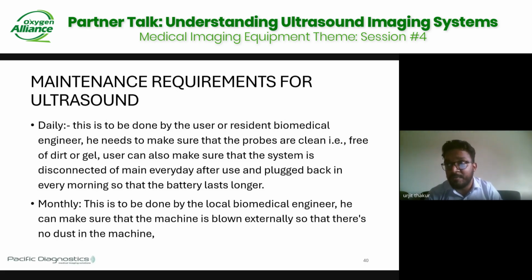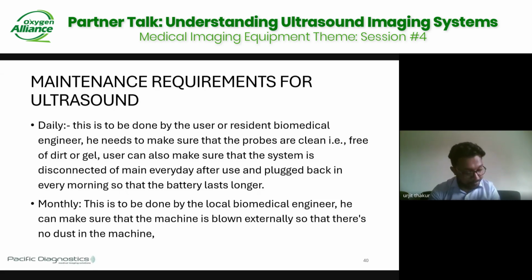What happens generally, I have noticed at hospitals, is when the radiographer uses the transducer, he sometimes leaves the gel on, and maybe he will not use the machine for some time before the next patient. So that can also damage the rubber on the transducer, and also dirt can accumulate on that transducer, which can lead to bad imaging as well.